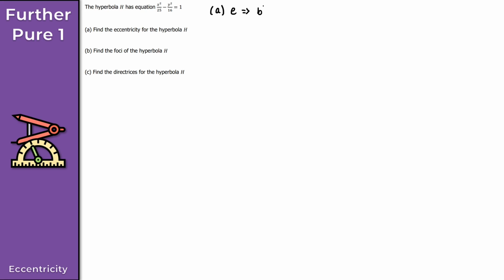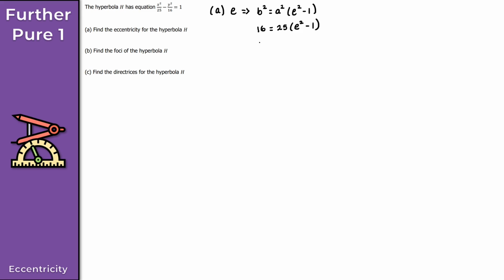So it's b squared is equal to a squared times by e squared minus 1. Okay, and just notice here the difference for finding the eccentricity for a hyperbola and an ellipse. Okay, so a squared is 25, b squared is 16. So putting that all together, we have 16 is equal to 25 times by e squared minus 1.